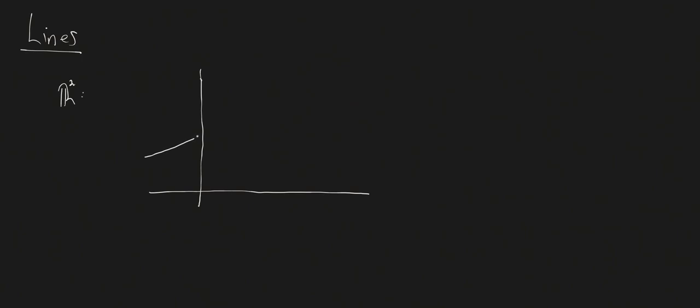So let's say this is my line. Well, what defines a line? Certainly there is a direction to it. It's not quite a vector because a line does not have an initial point and a terminal point. Remember, it extends indefinitely in either direction.